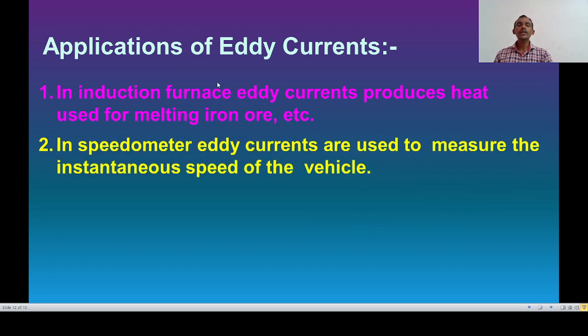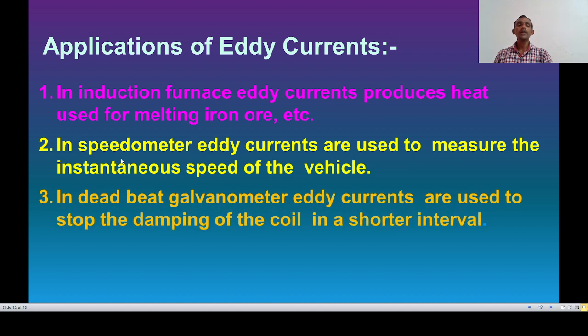The second application of eddy current is in the speedometer. In a speedometer, eddy currents are used to measure the instantaneous speed of the vehicle. The third application of eddy current is in the deadbeat galvanometer.